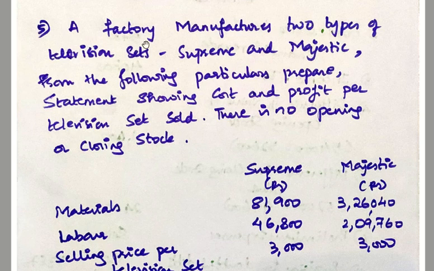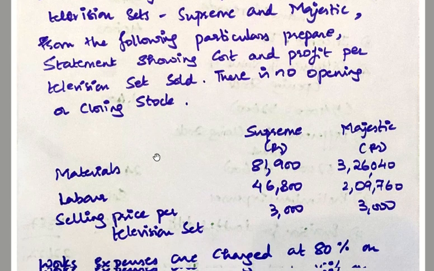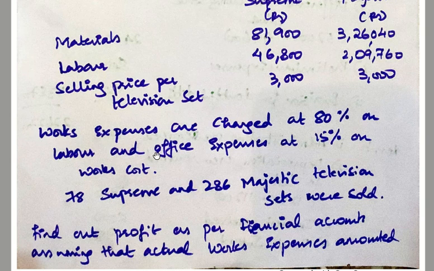So in this question, they are telling a factory manufactures two types of television sets, which is Supreme and Majestic. From the following particulars, prepare statement showing cost and profit as per television set sold. There is no opening or closing stock given. They have given the materials, labor, selling price per television set for both.